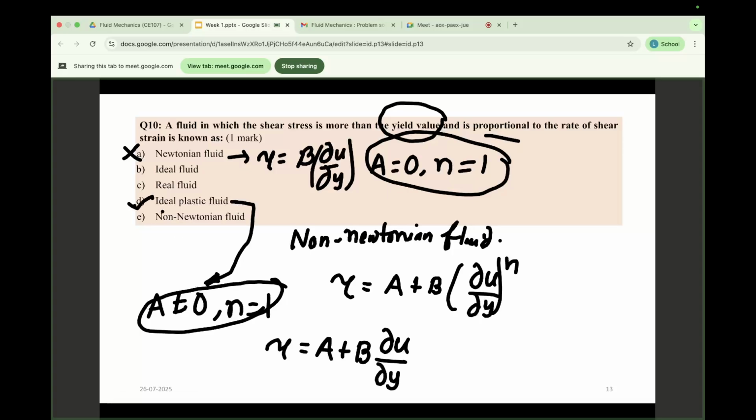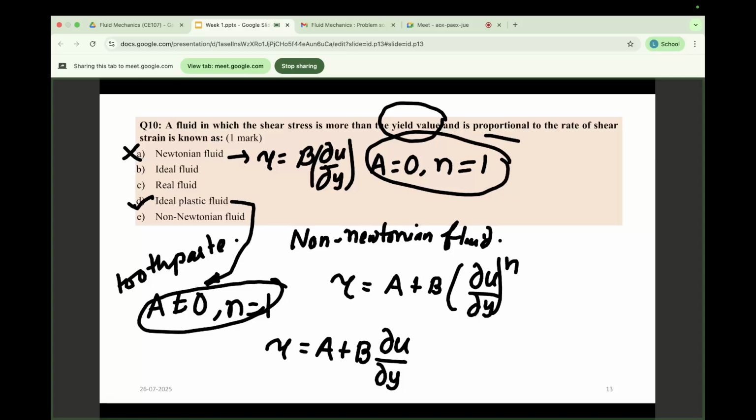If I talk about an example of this ideal plastic fluid, in real life we use toothpaste.